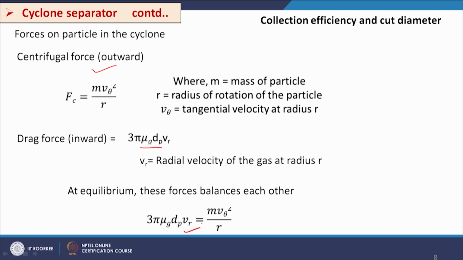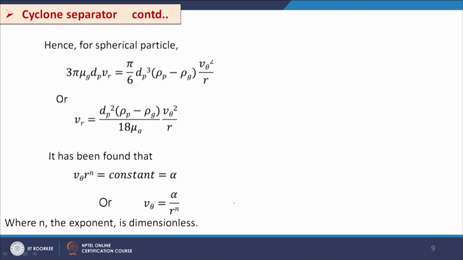These two will be equal. For a spherical particle, we get the relationship pi by 6 d p cube rho p minus rho g, this one squared, and then V r is equal to this much.